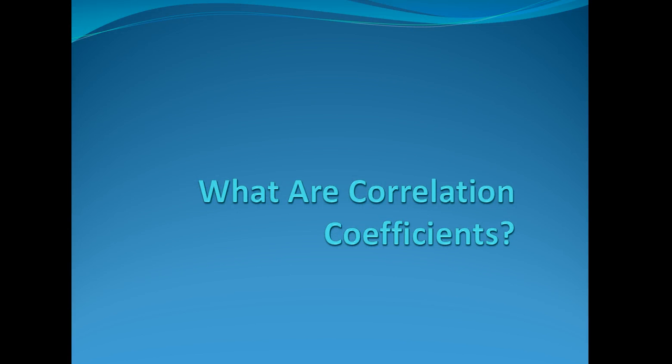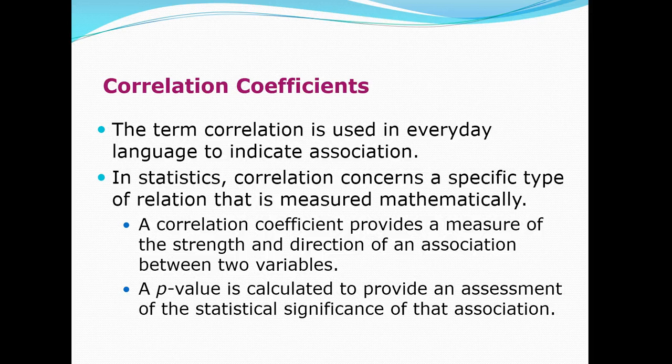So what are correlation coefficients then? Because this is obviously what we are going to get when we run correlation statistics. Well, the term correlation, we use this very often in our day-to-day language. We always say, well, bigger heads is correlated with higher IQ. So what we mean is that if you have big heads, you probably have a bigger brain, and that's why you also have higher IQ.